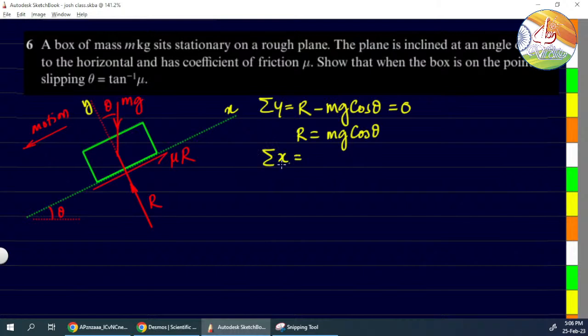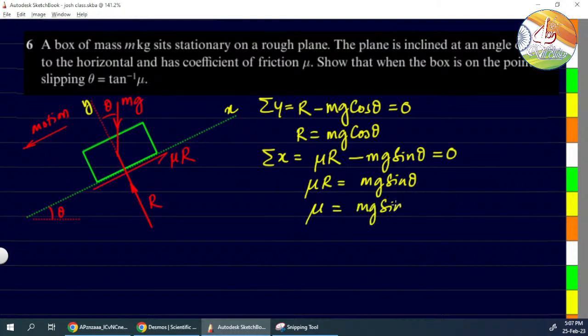Next, if you take x components, mu into R is acting in the positive x direction. R will not have any x component. The component of mg, so mg sin theta, right? mg sin theta is acting opposite to the x direction, so minus. This also should be equal to 0. So mu R equals mg sin theta, and if we substitute the value of R here and send it to the other side, we get mg sin theta divided by R, and R is equal to mg cos theta, correct?